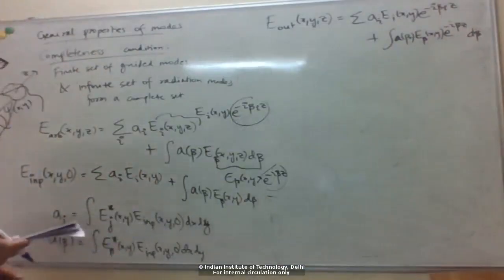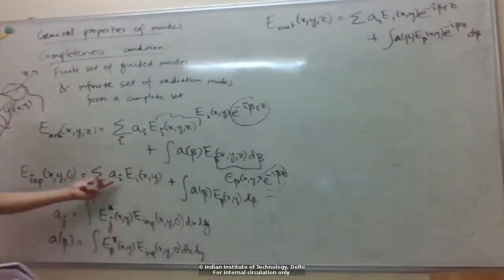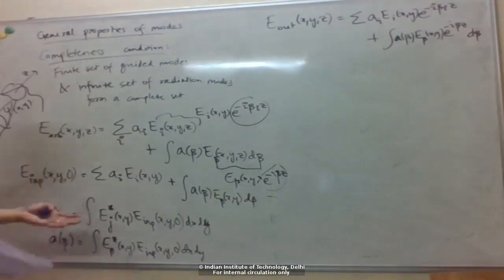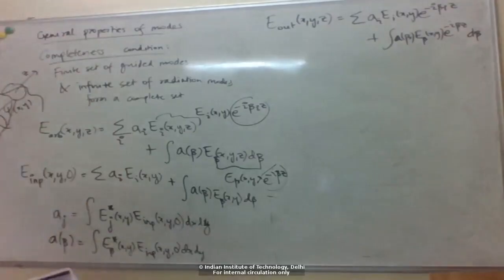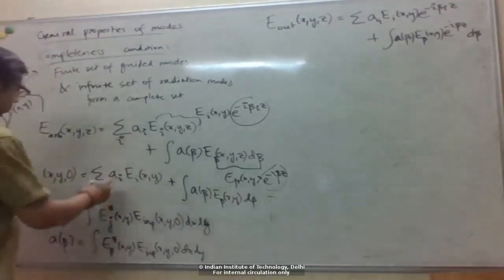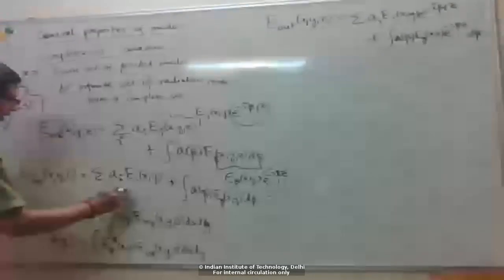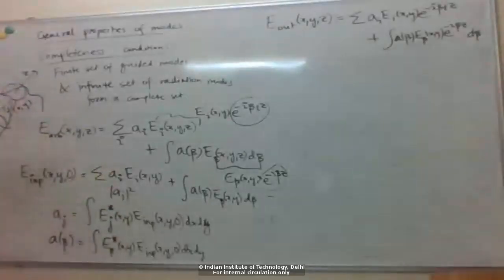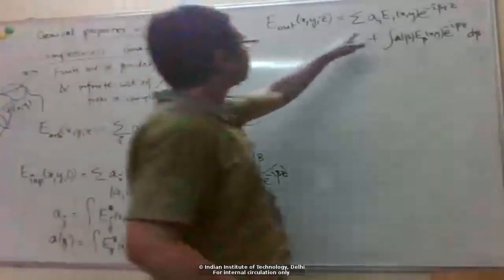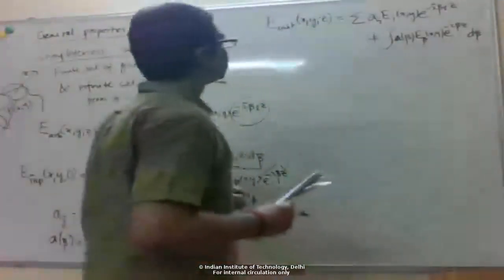Right, and so recall the power in a field is proportional to |E|². So the power that you are launching in the ith mode is proportional to |a_i|². And on propagation, basically just a phase is acquired.